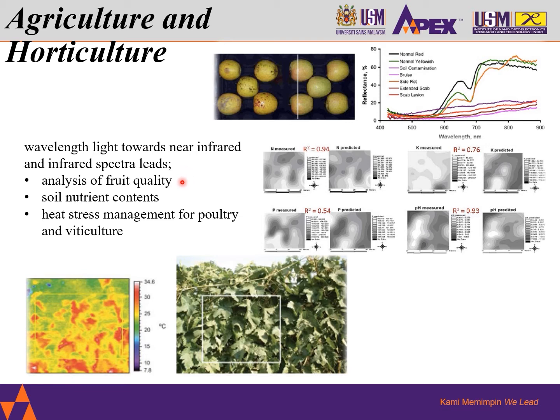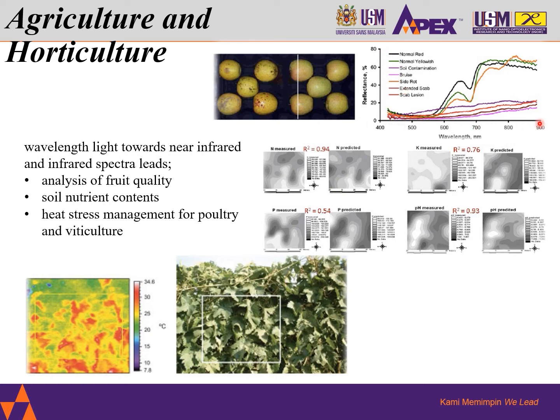which leads to analysis of the fruit quality, soil nutrient contents, heat management for poultry and also viticulture. So this is an example of the characterization and analysis of the fruit quality here.